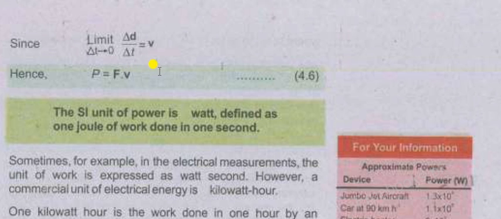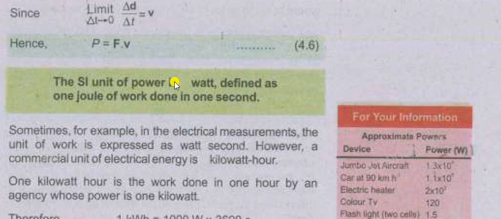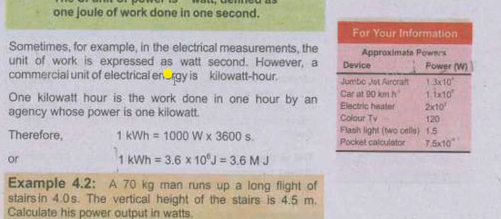Also we know that kilowatt hour, a commercial unit of electrical energy, is known as kilowatt hour. Kilowatt hour, kilo mean 10 raised to power 3, watt mean power, and hour mean time. So kilowatt hour is the unit of electrical energy, not the electrical power.